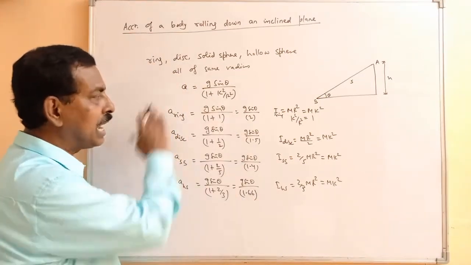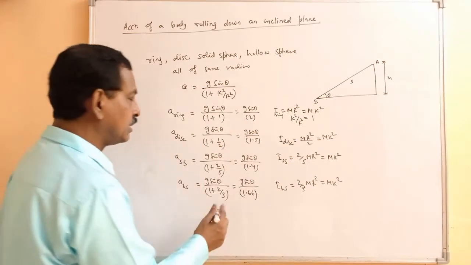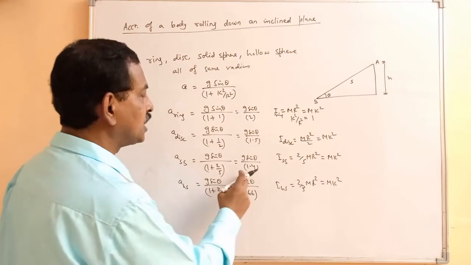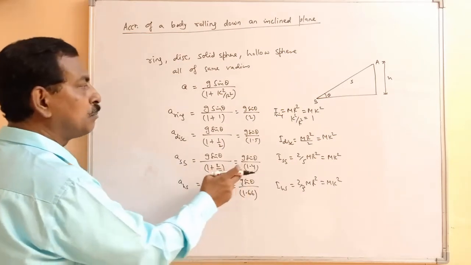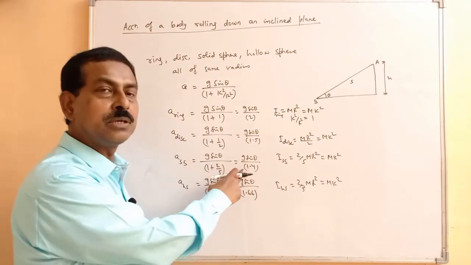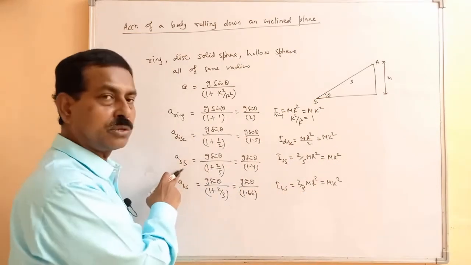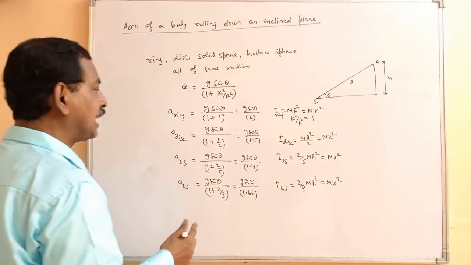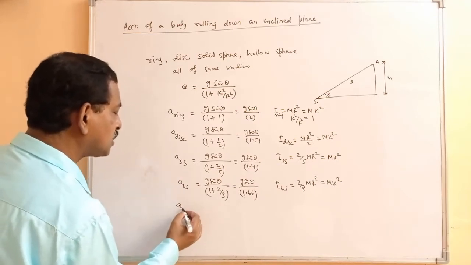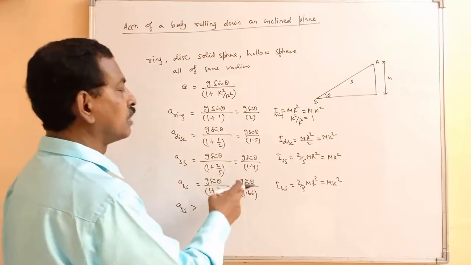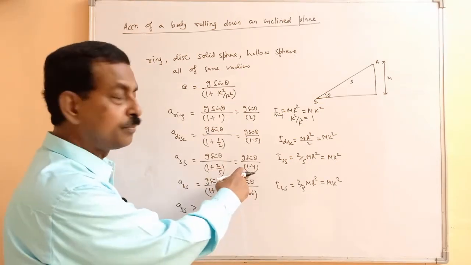So if you arrange them in terms of acceleration, whose acceleration is least? Remember, the denominator which has the smaller value will have the higher acceleration. So the acceleration for the solid sphere is maximum because it is 1.4 there.